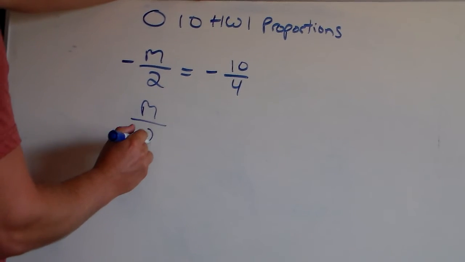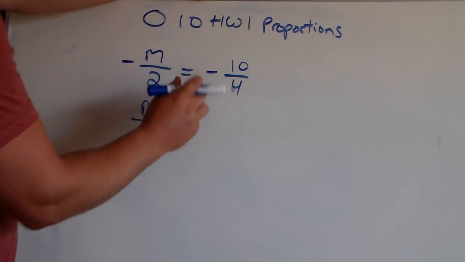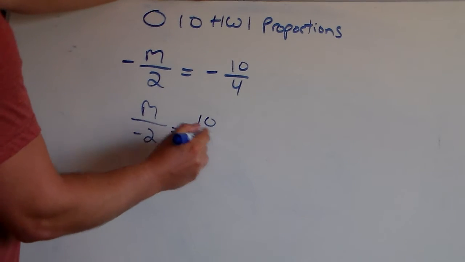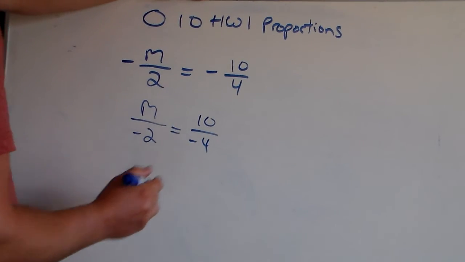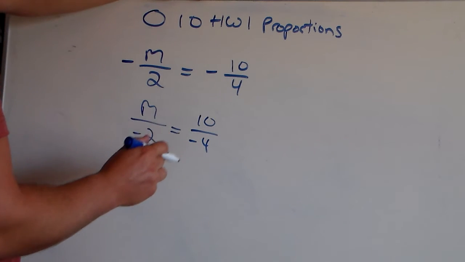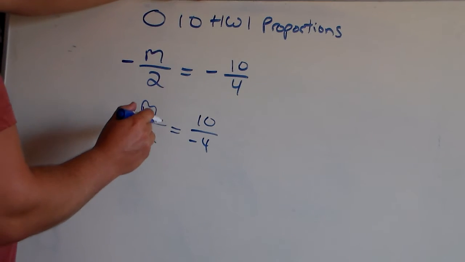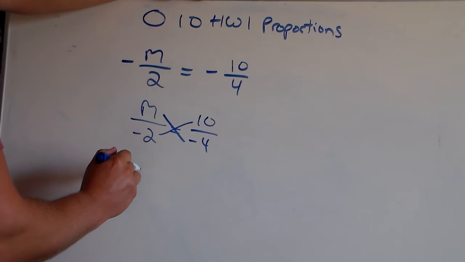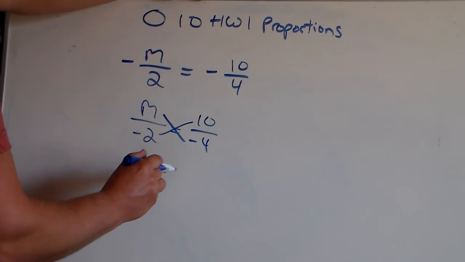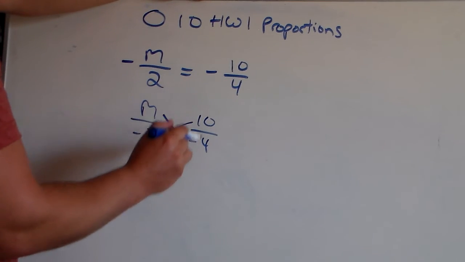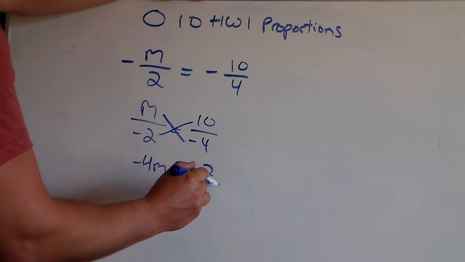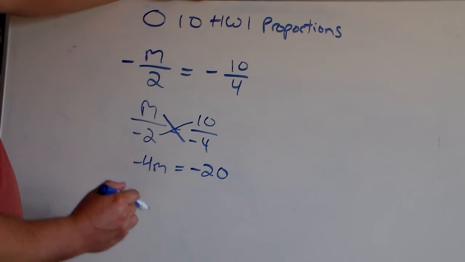So it'll be m over negative 2. And with this minus sign, let's stay consistent. Let's put that negative sign on the bottom. So it'll be equal to 10 over negative 4. What we then do, we cross multiply. So it's negative 4m equals negative 2 times 10 gets us negative 20.